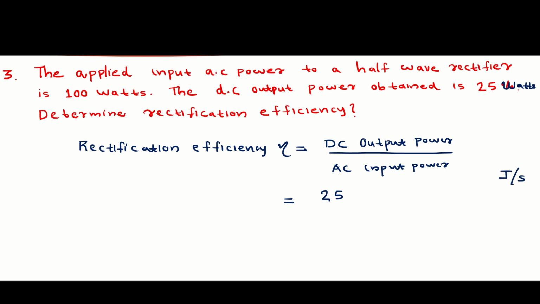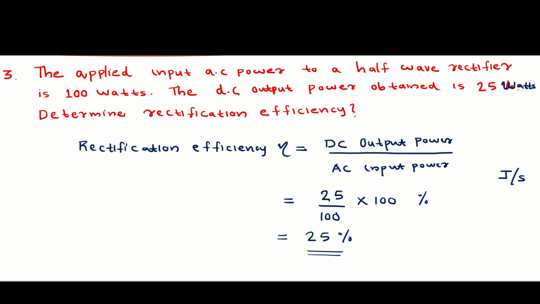The DC output power is 25 watts and the applied AC input power is 100 watts. So efficiency is 25 by 100, which is 25 percentage. So the rectification efficiency eta is 25 percentage.